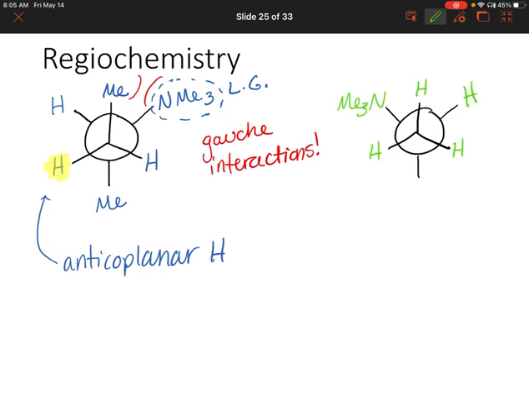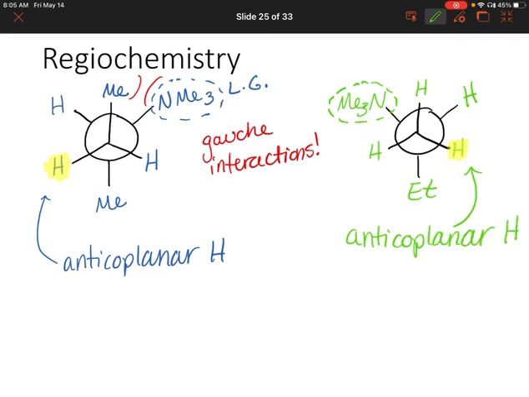And we have a hydrogen and an ethyl group. So notice that our leaving group no longer has any gauche interactions with the ethyl group, for instance, or a methyl group or anything. So our anticoplanar hydrogen is easier to take because this is a more stable situation.